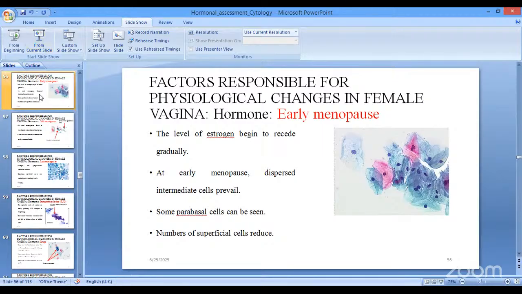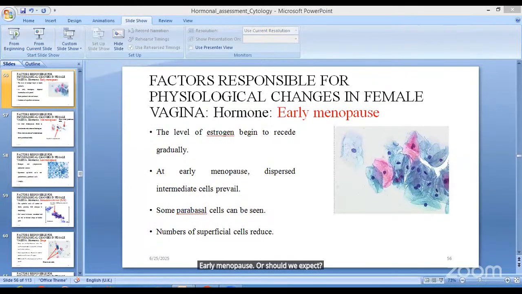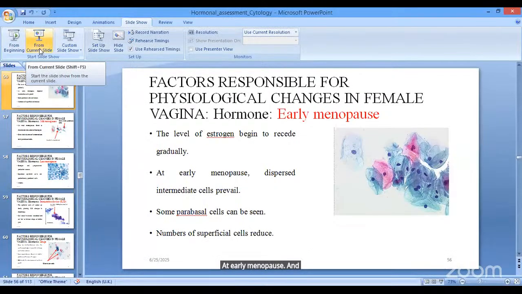Early menopause. What should we expect? The level of estrogen begins to recede gradually at early menopause, and you can find dispersed intermediate cells.